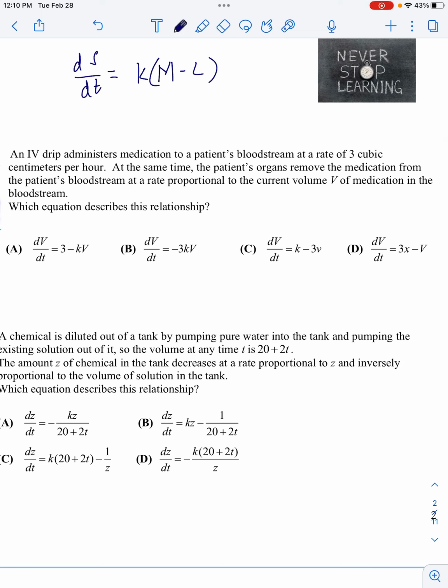So they're talking about the rate, right? The total change. The current volume of medication, the change of that, is going to be the amount in minus the amount out.